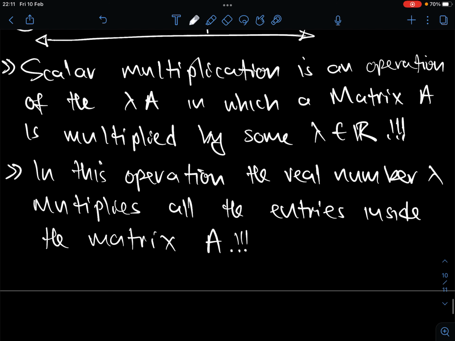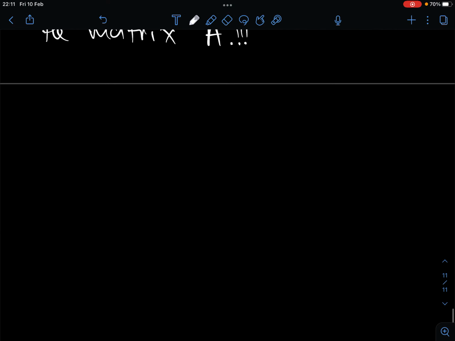To give a demo on how exactly this operation works, let's look at the following example.